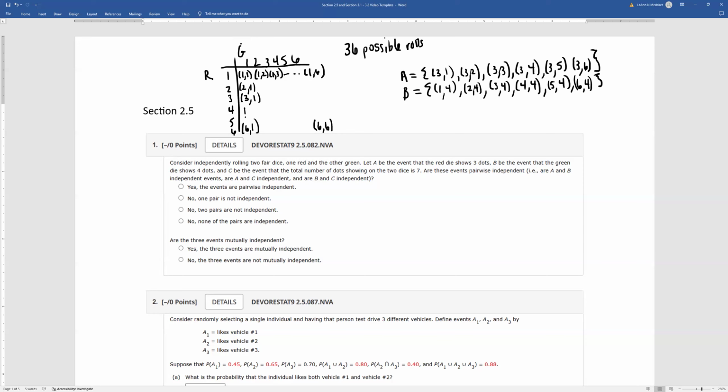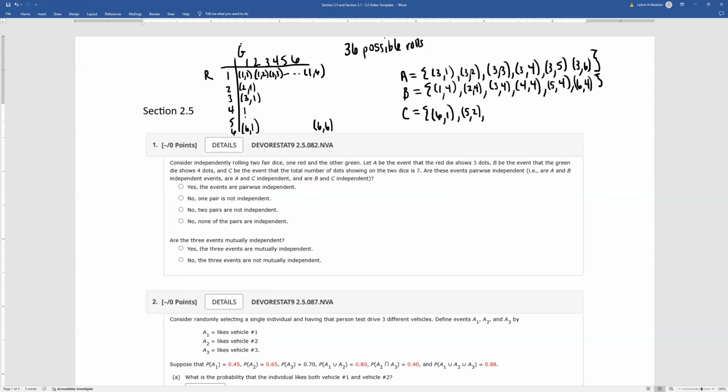And then we have anything that totals to 7. That's going to be this whole diagonal. I didn't write all this in, but in these charts, these diagonals sum to the same amounts. So we'd have 6, 1, and then 5, 2, actually.